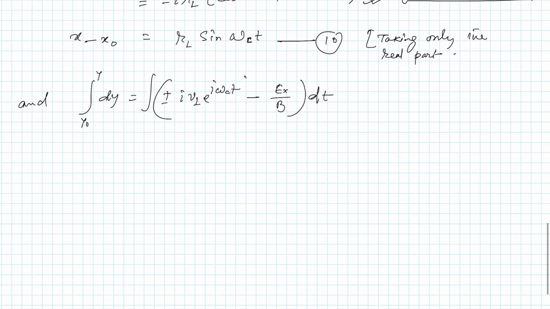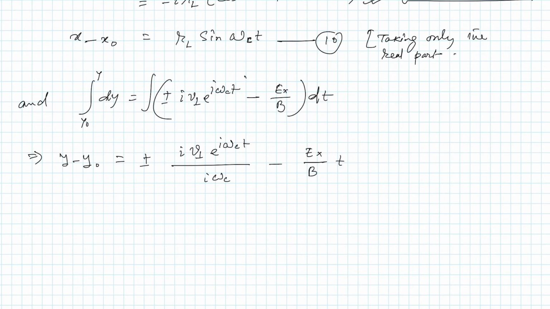Now if we integrate, then we will get y minus y naught is equal to plus minus i v perpendicular e to the power i omega c t by i omega c, then minus E x by B t.